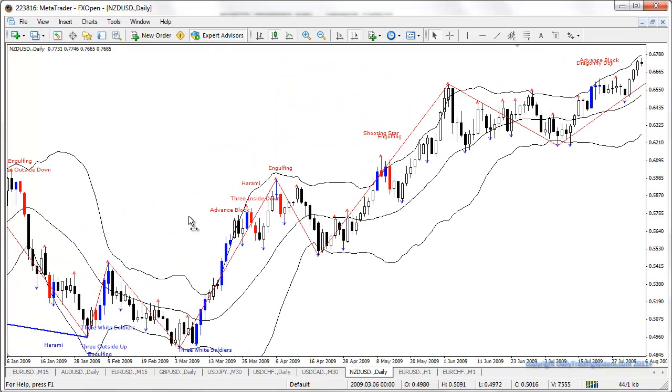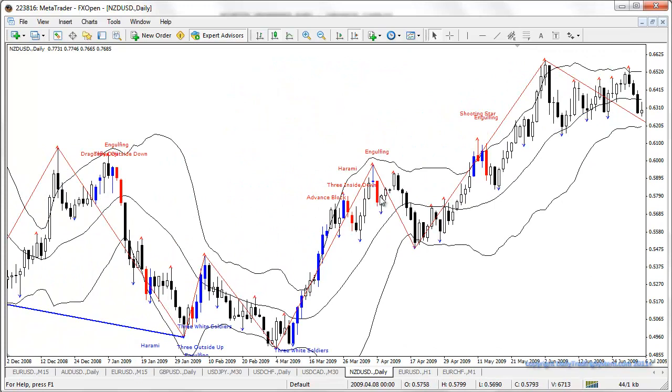But yeah, here's another one. This would class as an abandoned baby as well, but again you'd need confirmation. This candle here would need to have a close lower than the low, and it doesn't actually do that, even though it does make a new lower low. This is where some people make the mistake.